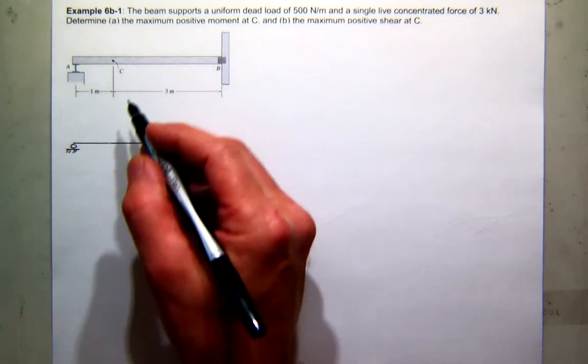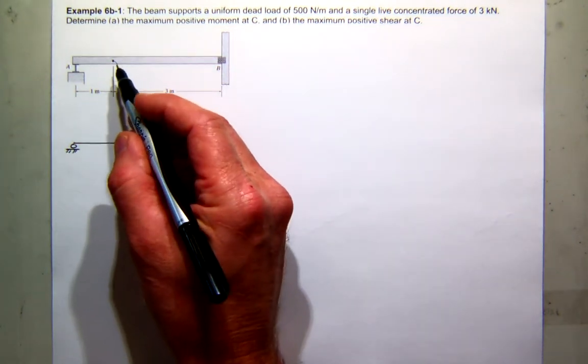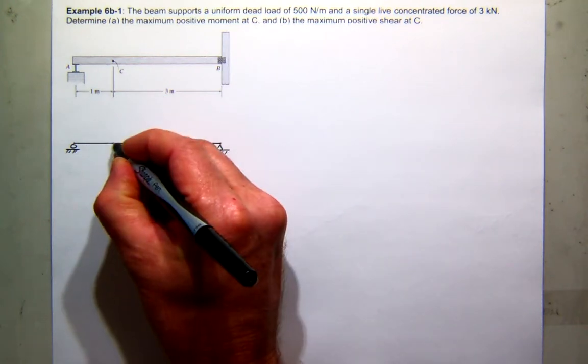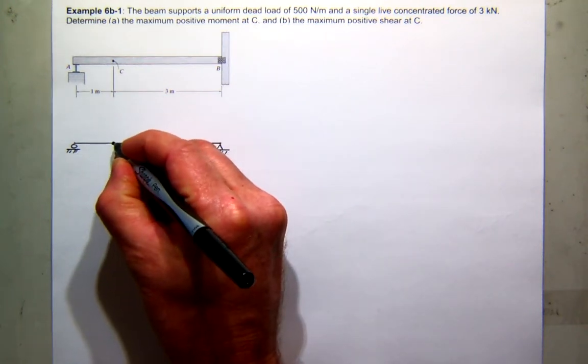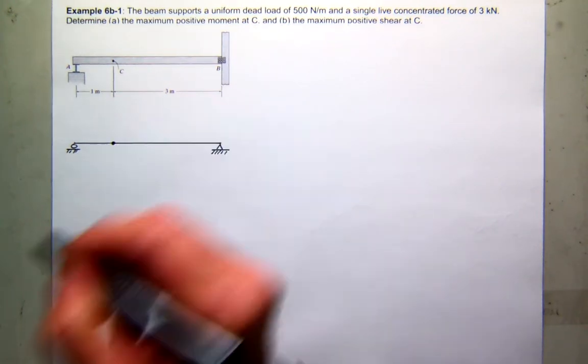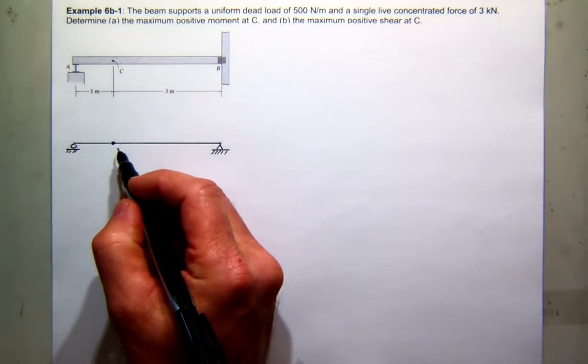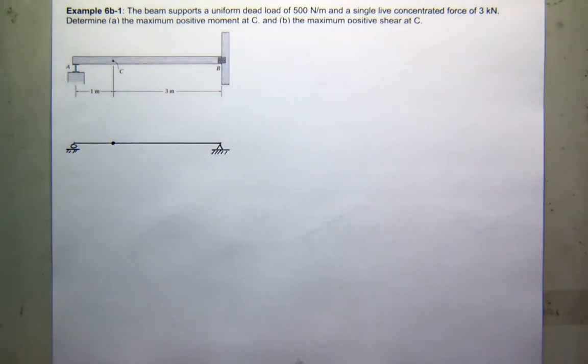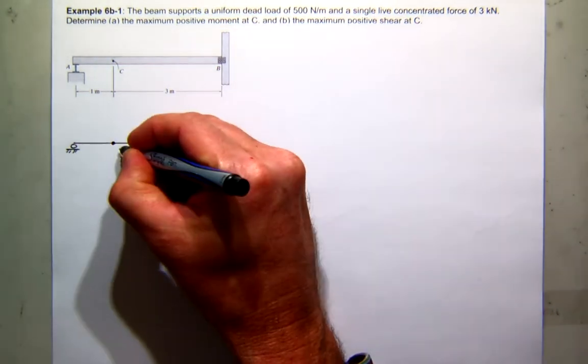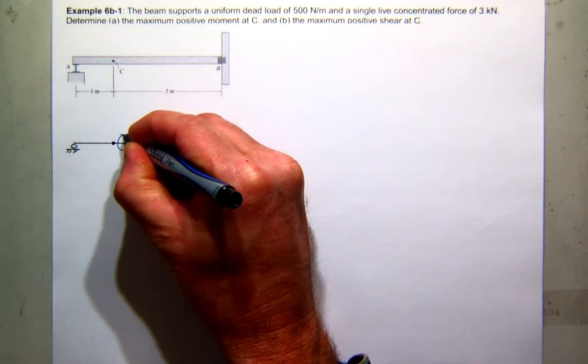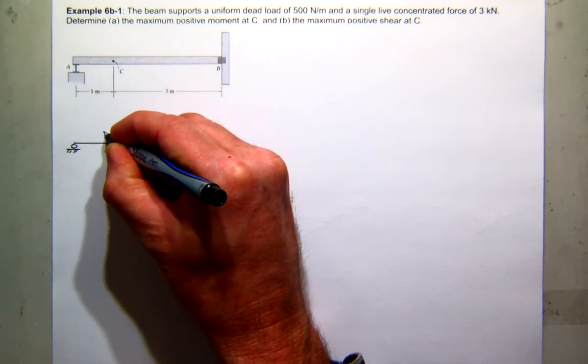If I want to find the moment at C, I come to C and remove the beam's ability to withstand moment. So I'll put a pin there. And then remember, I'm going to apply positive bending moment to both sections.